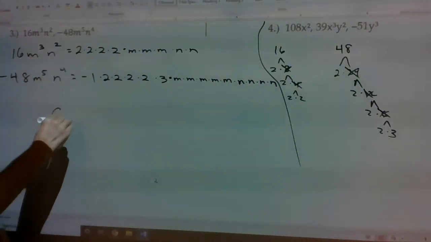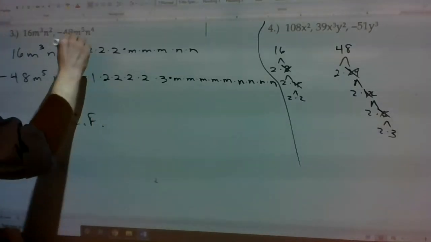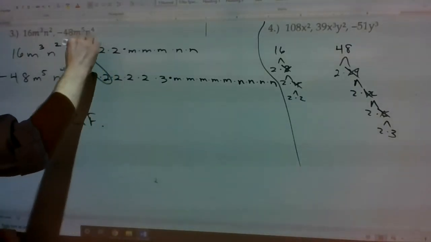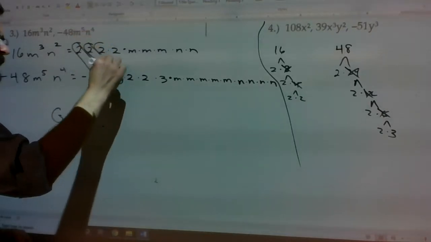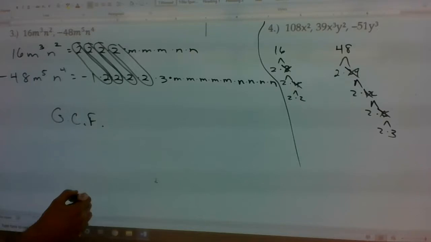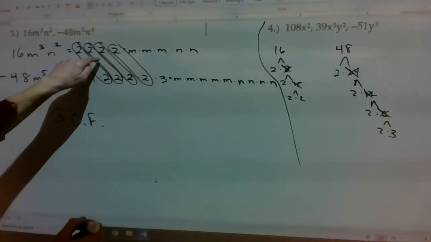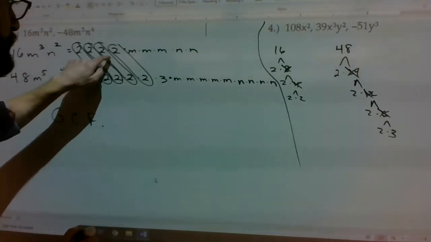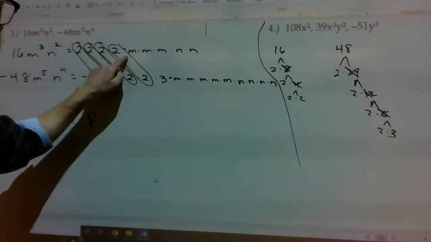All right, so the greatest common factor. They share a 2. They share another 2. They share another 2. And another 2. So this is 2 times 2, which is 4, times 2, which is 8, times 2, which is 16.